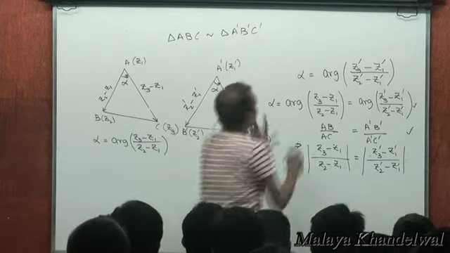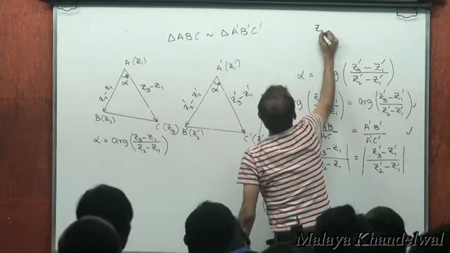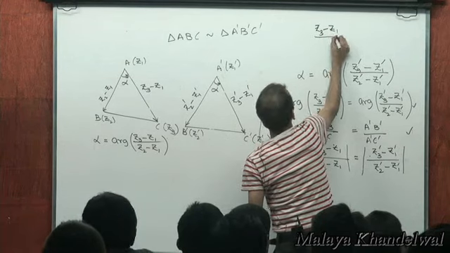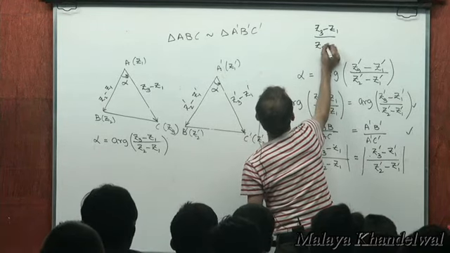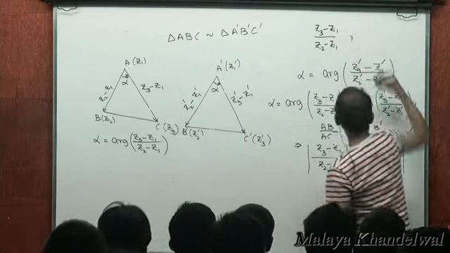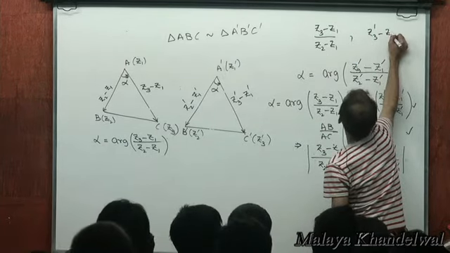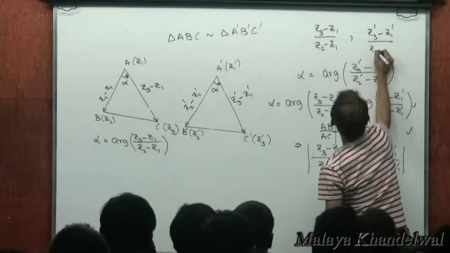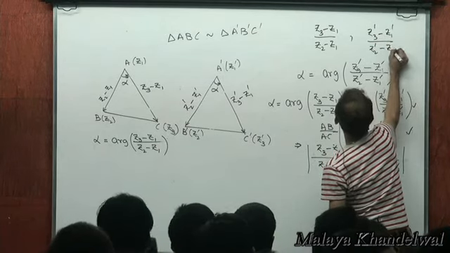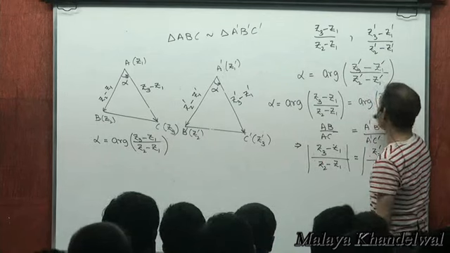Now we have two complex numbers. Z3 minus Z1 by Z2 minus Z1 is one complex number, and another complex number is Z3 prime minus Z1 prime divided by Z2 prime minus Z1 prime. These are two complex numbers. Their arguments are the same.